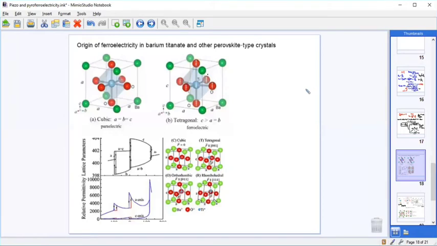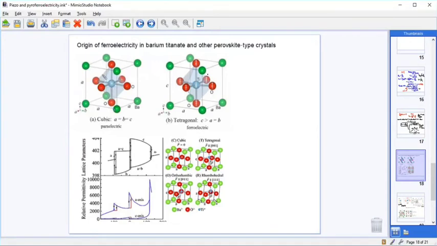The ferroelectrics consist of ionic crystals with crystal structures closely related to the perovskite, like ABO3, and perovskite structures. The perovskite structure is the simplest crystal structure, as you can see from this. This is a typical BaTiO3 structure. It is cubic, with barium 2 plus ions at the cube corners, oxygen 2 minus ions at the face centers, here, here, and titanium 4 plus ions at the body center.